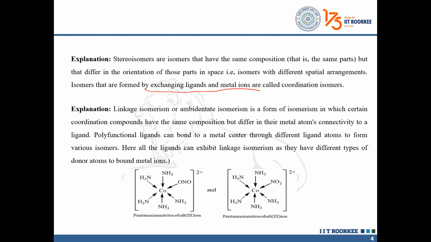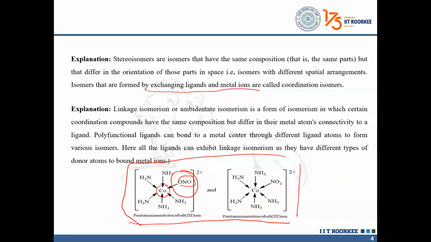So for the second one, I have already told what linkage isomerism is. For example, I have taken these two examples, right? In the first one, you can see the central metal atom is coordinated with this ligand. In the first case it is nitrito, and in the second one it is nitro. So in this one, the cobalt-oxygen bond is there, and in the second one it is a cobalt-nitrogen bond.